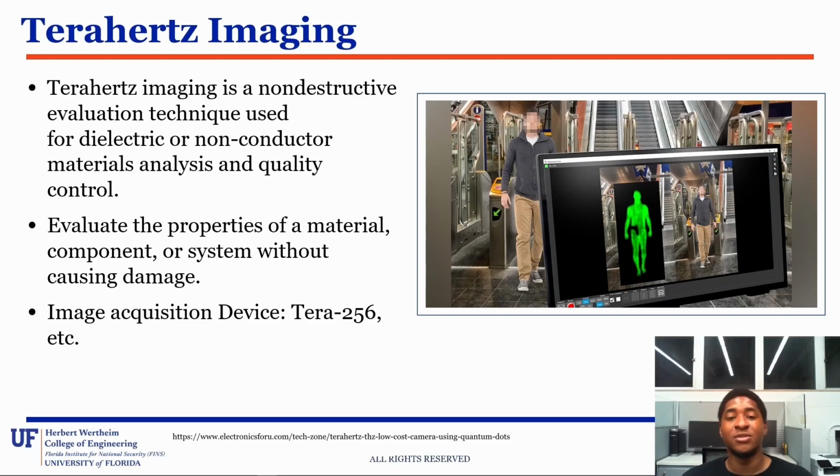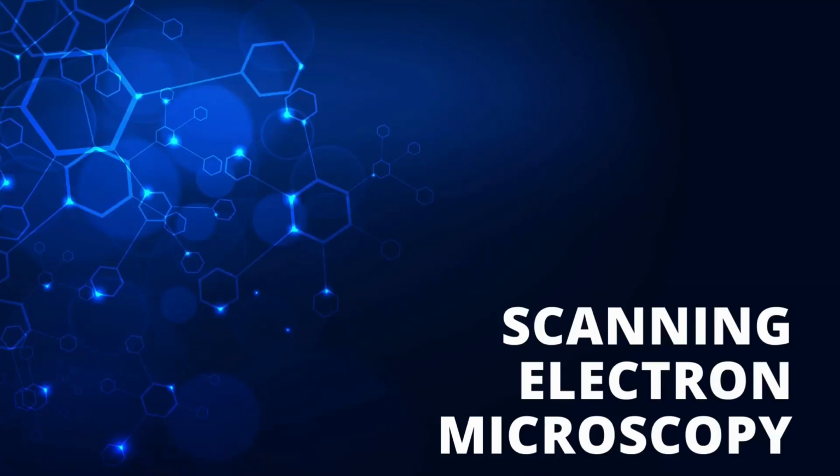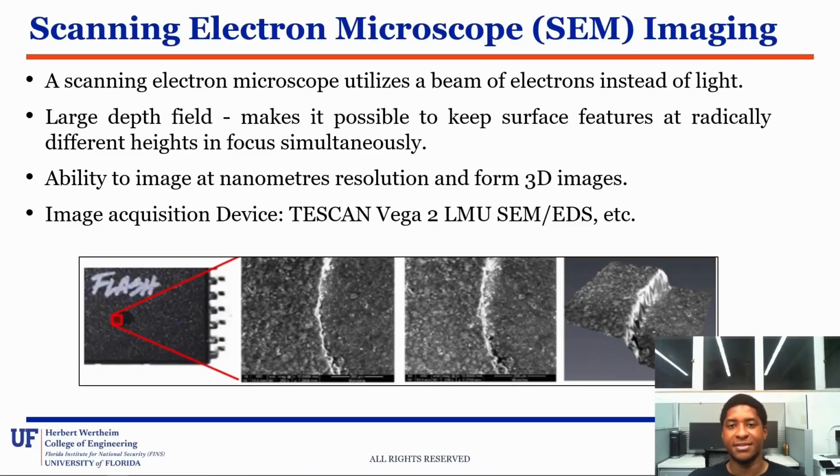Now let's get into our main imaging procedure. Let's discuss scanning electron microscopy. Scanning electron microscopy is actually the most relevant imaging modality you will need for your lessons throughout these modules.